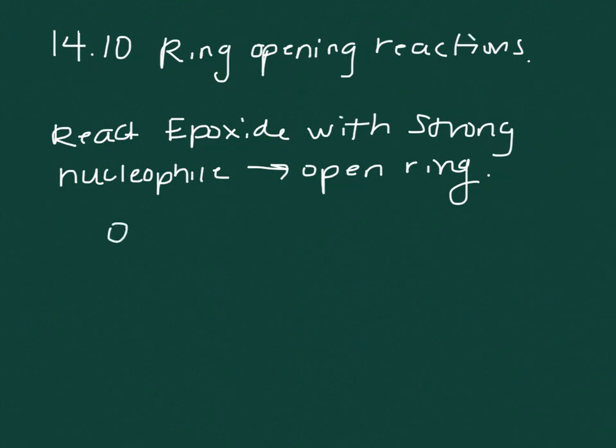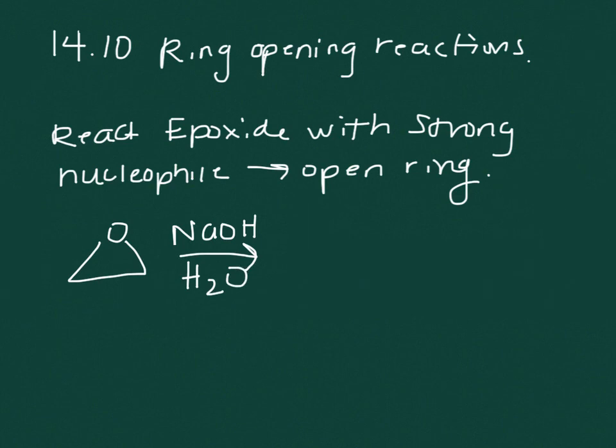Let's take this example here where we have ethylene oxide. We treat it with NaOH. Now, OH minus can be a base or a nucleophile in the presence of water, and we can get a diol product. So let's take a look at the mechanism.